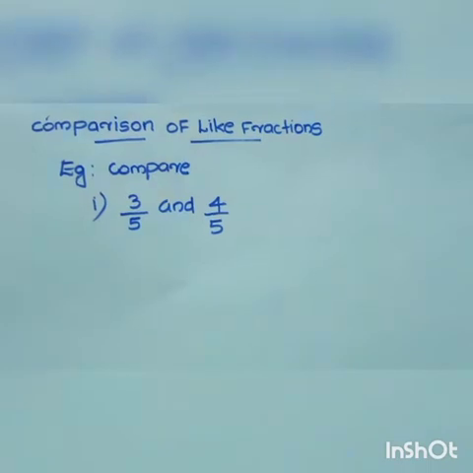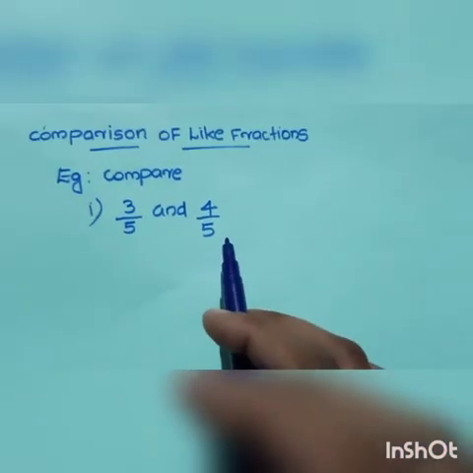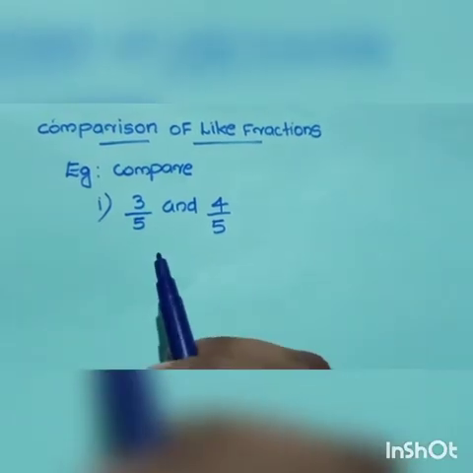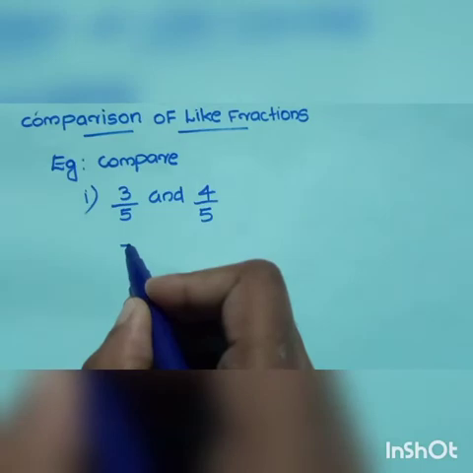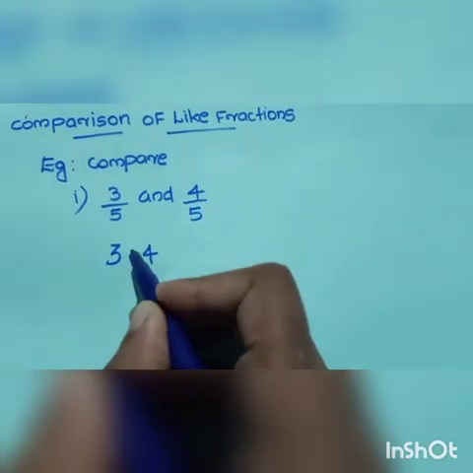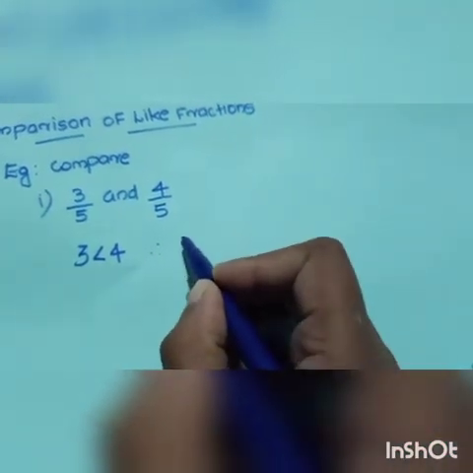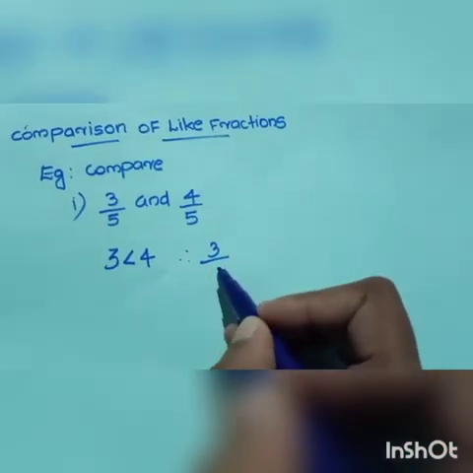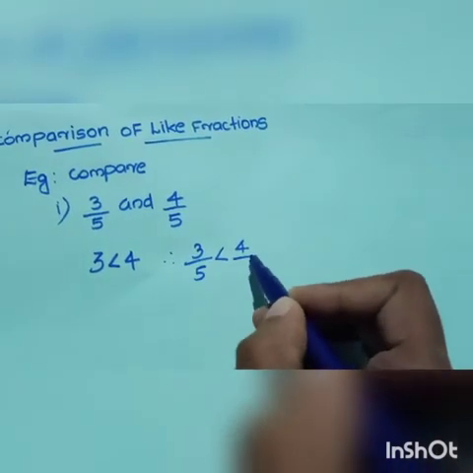These two like fractions have the same denominators, so they can be compared by comparing their numerators. Numerators are 3 and 4. So, 3 is less than 4. Therefore, 3 by 5 is less than 4 by 5.